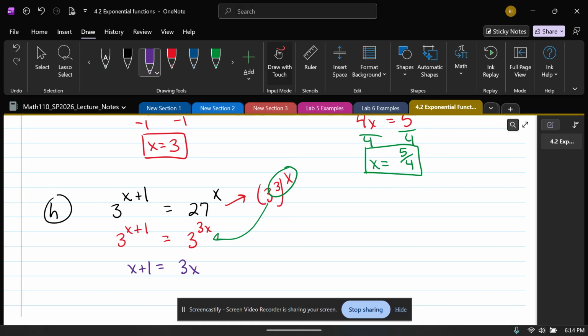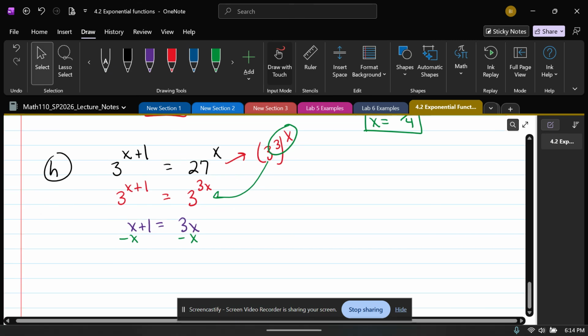How do I solve that? Subtract, no, not subtract 1. I can't divide by 3 because I got to get what together first? Subtract the x to get the x's together. I got to get like terms together before I can do any of that stuff. So let's get the like terms together.